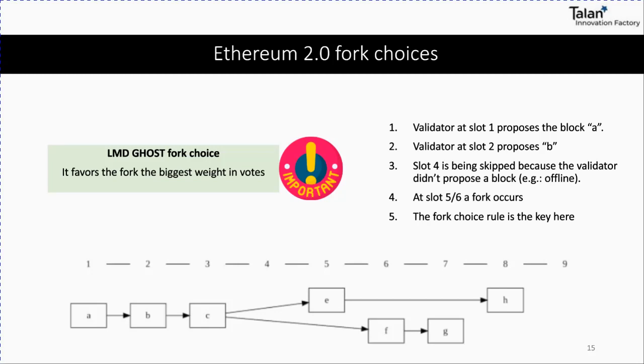However, on slot 6, the validator, or the creator of the block, the block proposer, didn't receive the block from slot 5, because it can be due to network latencies, or maybe they are trying to act dishonestly.